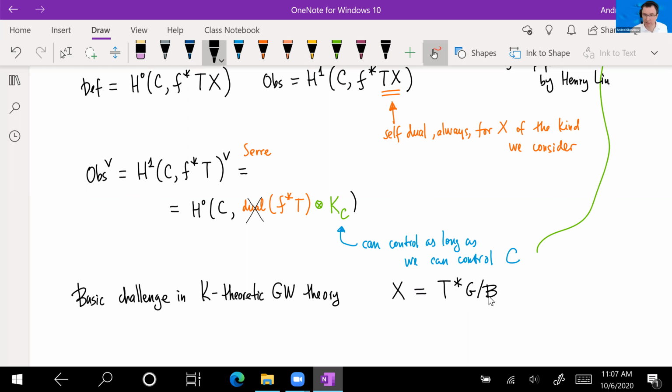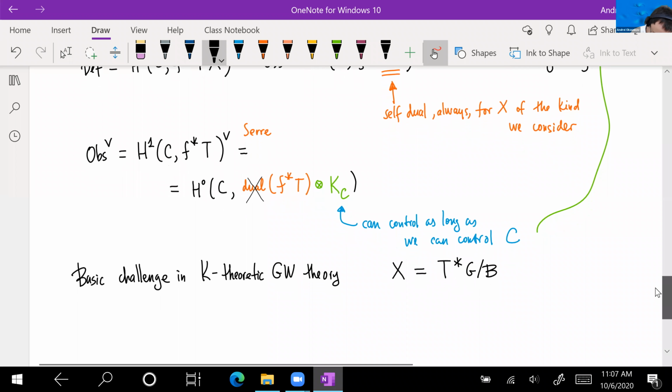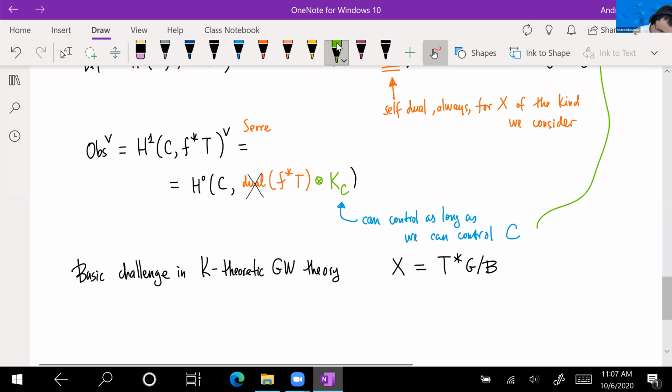It's kind of the basic element. And what you should get, if you succeed, is some quantum integrable system, basically Macdonald operators.